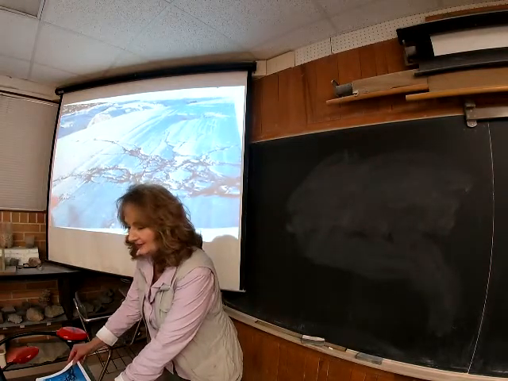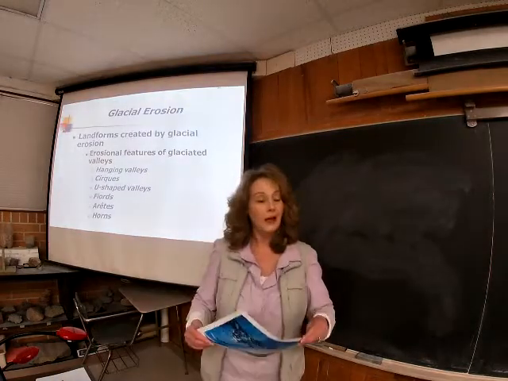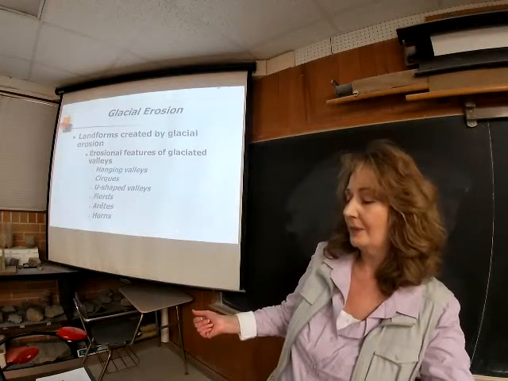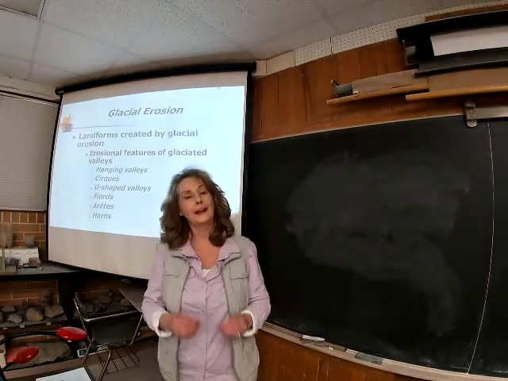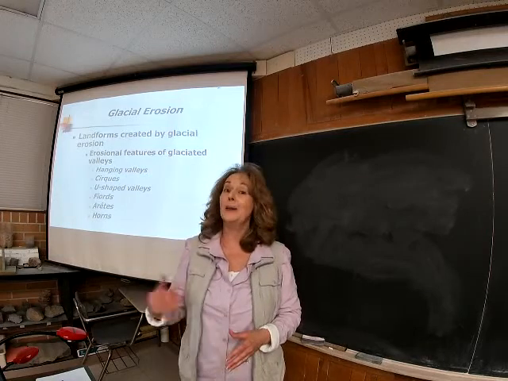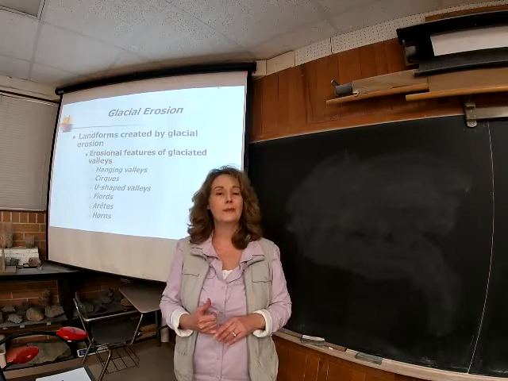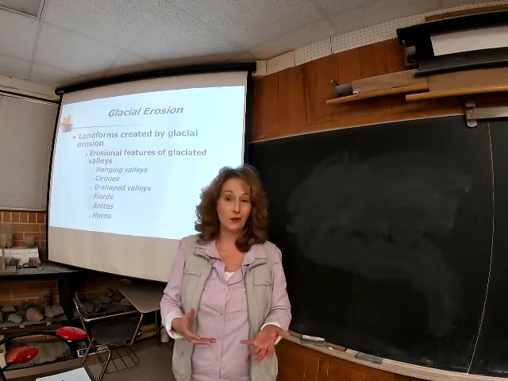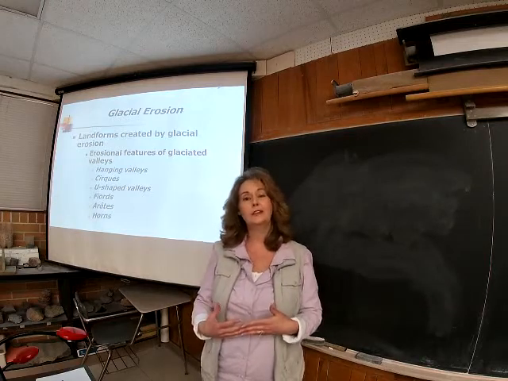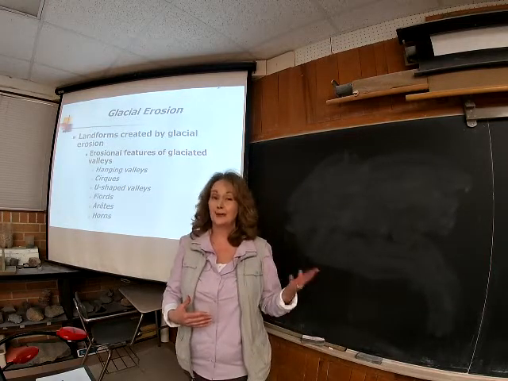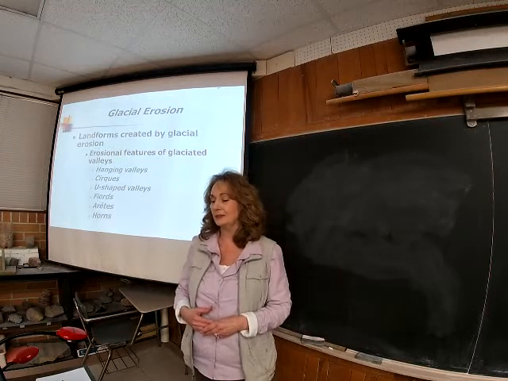These thick masses of ice barreling across the landscape, right? So we got here a couple of, first off, they're going to talk about the glacial erosion, some landforms that are created by glacial erosion. And on the other end of this, we'll talk about some depositional landforms. So erosional and depositional, just like we talked about with our streams, erosional landforms from our streams and depositional landforms from our streams.